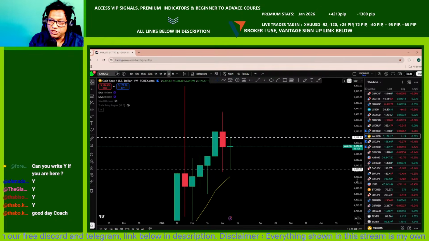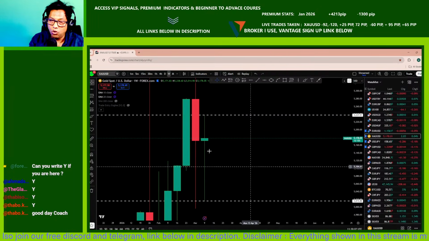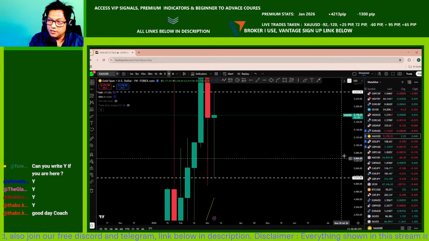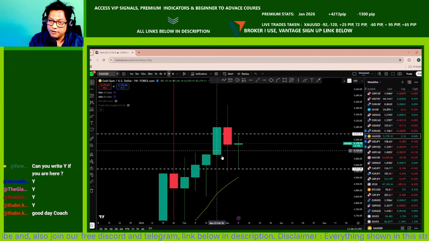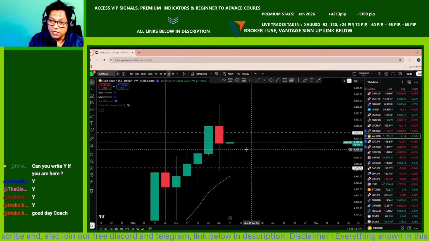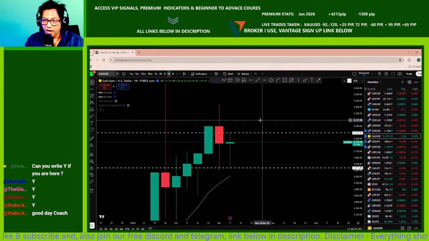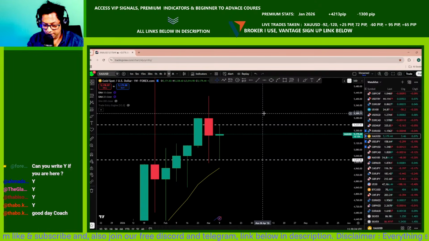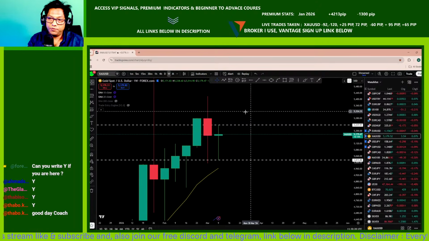Now with this weekly doji, you can see the market has reached that high, reached that low, and now at this point, with this weekly range, we are in the second half of the week, looking for an entry in that area.